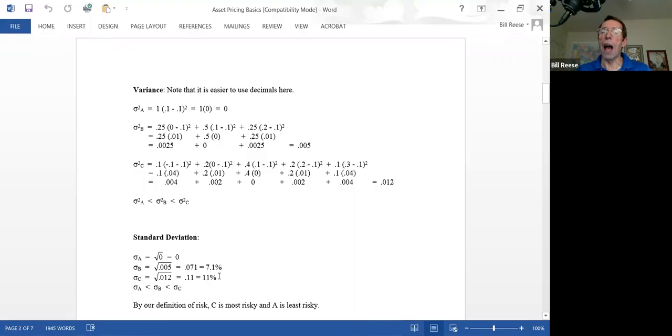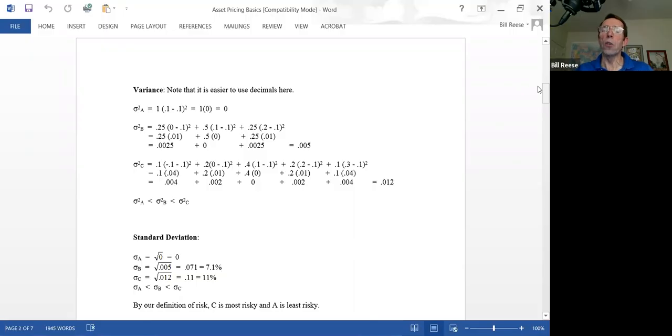So again, stock C has more volatility than B. B has more volatility than A, and A doesn't have any volatility at all. Whether we're measuring volatility with variance or with standard deviation, it's the same ordering there. Sometimes it'll be more convenient for us to measure volatility with variance. Sometimes it'll be more convenient for us to measure volatility with standard deviation.